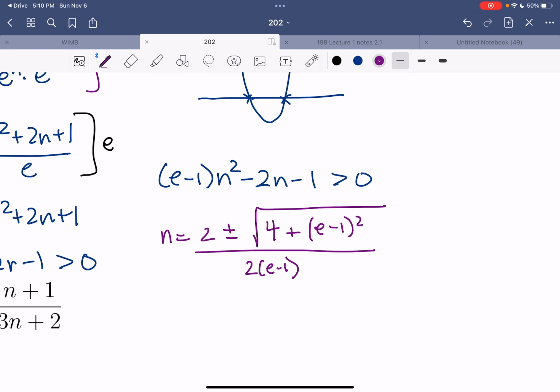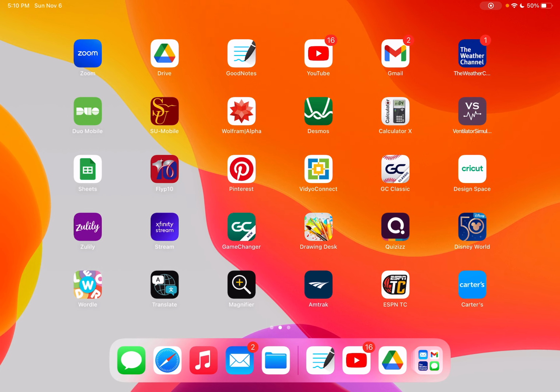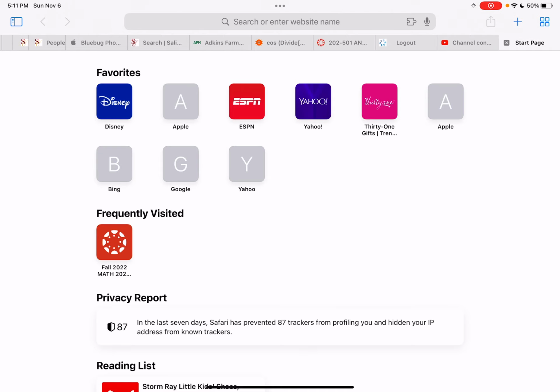Okay. All right. So what is this? Let's calculate it real quick. E minus 1 is just a number. In fact, we could just pull this up on a graph.